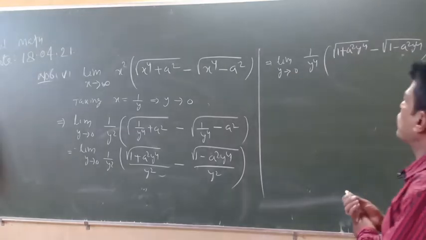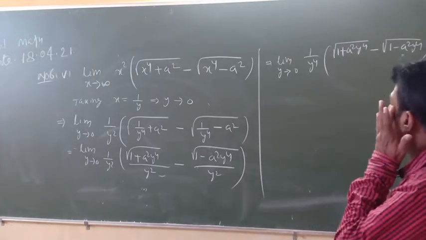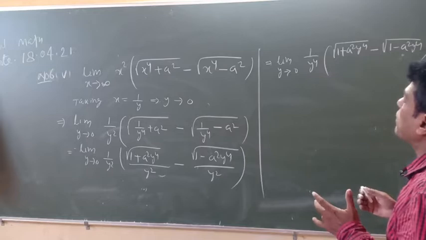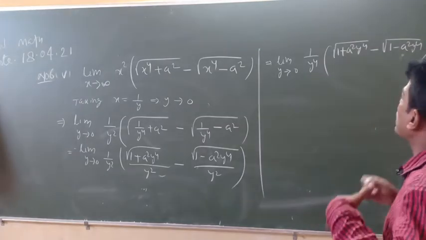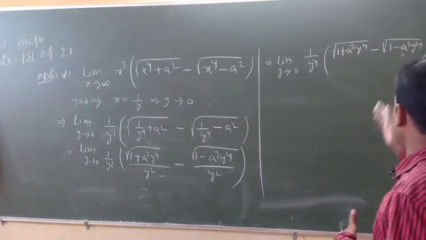You look at this question, the root form is formed. When a root form is formed, I already told in number 5 that the conjugate is multiplied in both numerator and denominator. The conjugate of minus is plus.